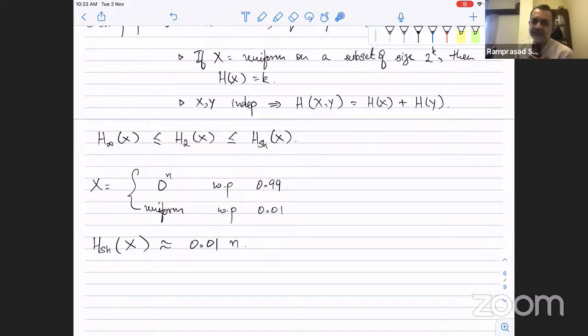It's just that I might have to wait for 100 such samples in order to get one such good sample, which is a uniformly random string.